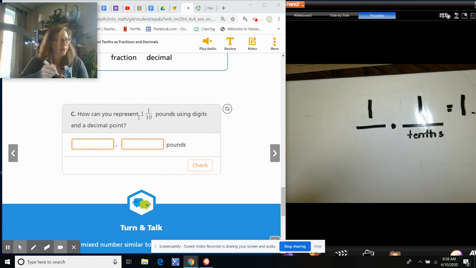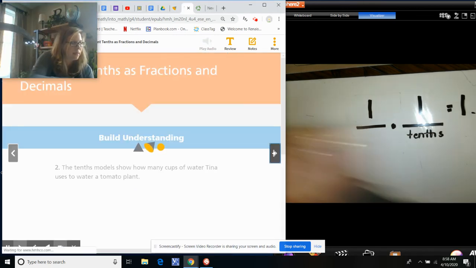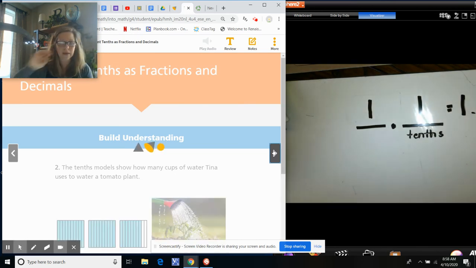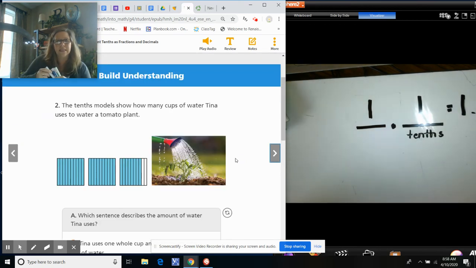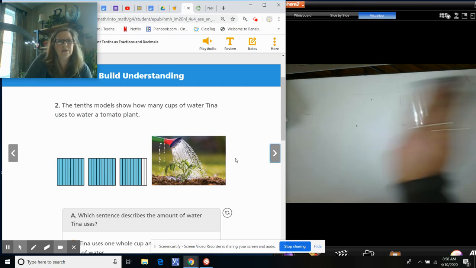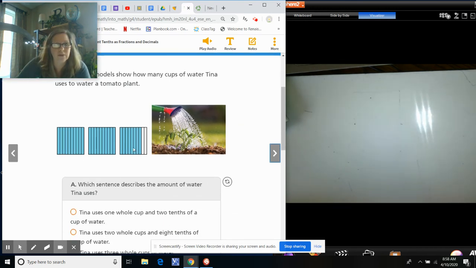All right, let's quickly go to the next page. Turn your page to 301. It says the tenths models show how many cups of water Tina uses to water a tomato plant. Look at our visual models.